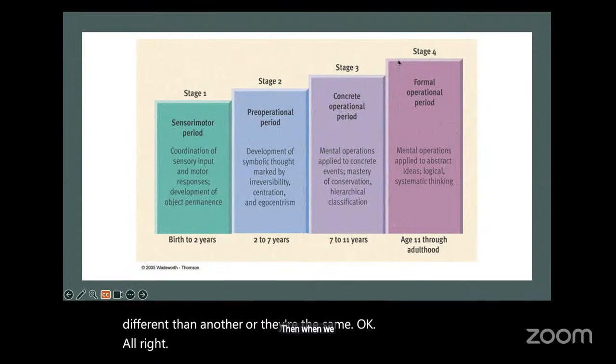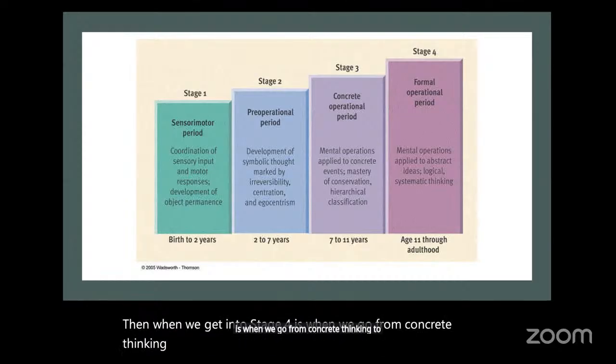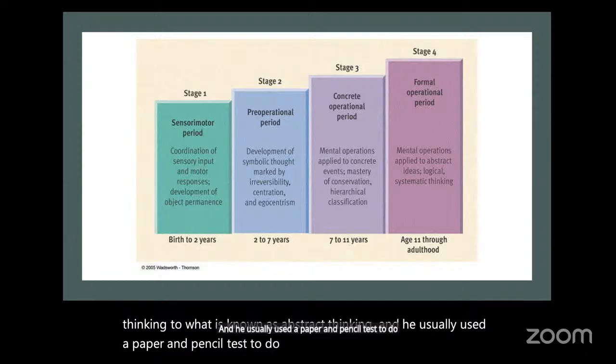Then when we get into stage 4, we go from concrete thinking to what is known as abstract thinking. He usually used a paper and pencil test to examine that. I don't have an example of it.